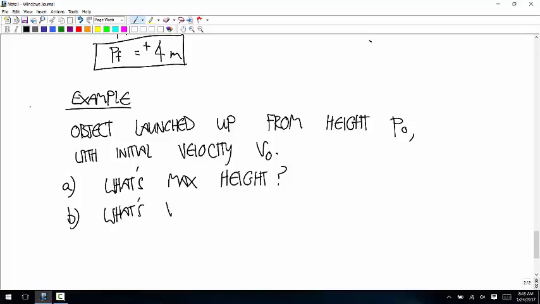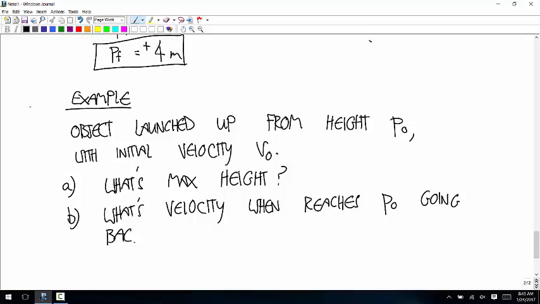Second, what's its velocity when it reaches a height of p sub 0 on the way back down. And third, what's its velocity the instant before it hits the ground.